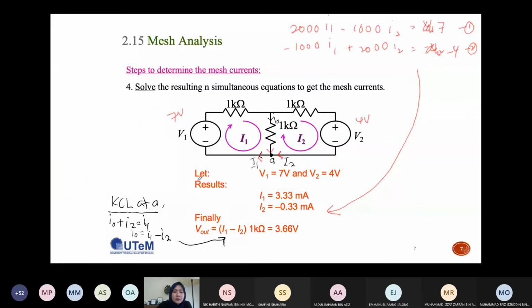So basically, you know that I1 is equals to I naught plus I2. Then you can calculate for I naught. So I naught is equals to I1 minus I2. So I1 is 3.33 milliamp minus negative 0.33 milliamp. Then you will get the value for the I naught.